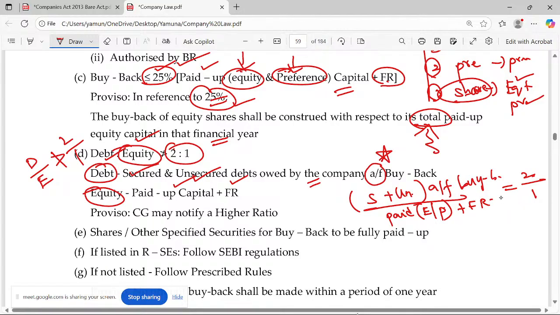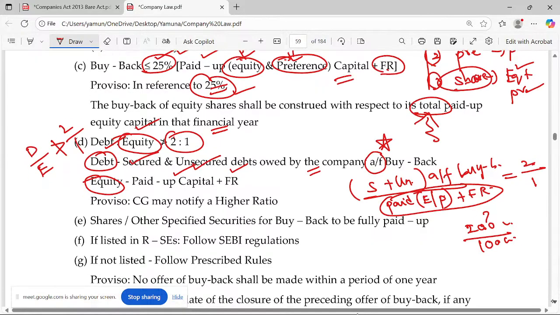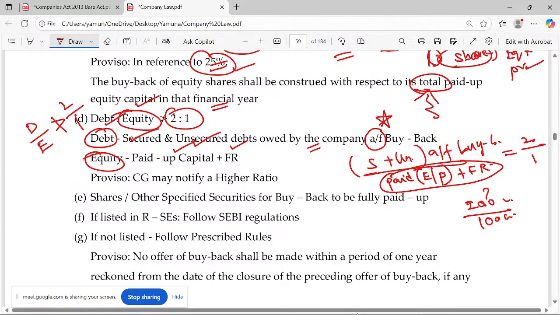If this amount is 100 crores, this amount should be not more than 200. It can be 190 crores, 180 crores, or whatever it is. Or sometimes the central government may notify a higher ratio.